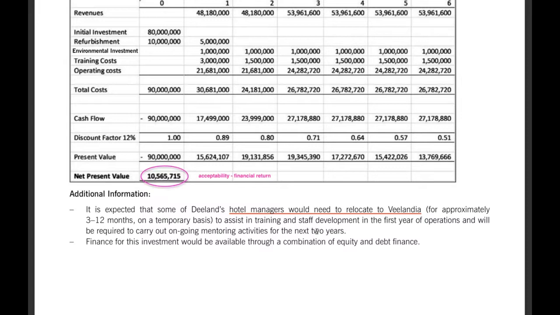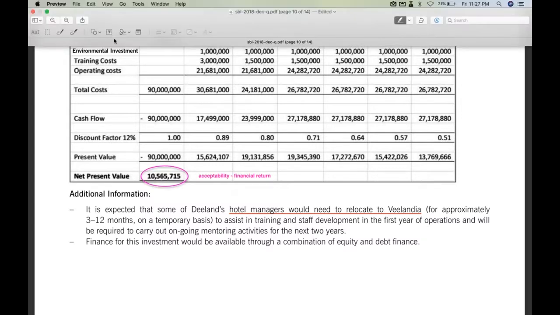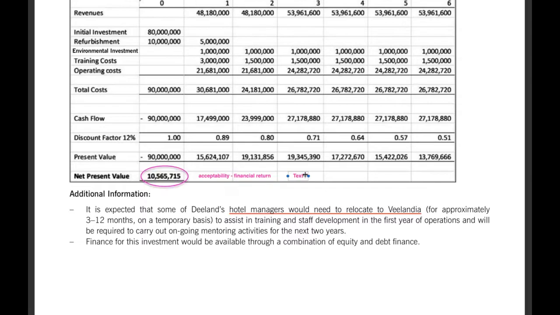Here you may want to look into the acceptability, the stakeholders, who happen to be your employees.